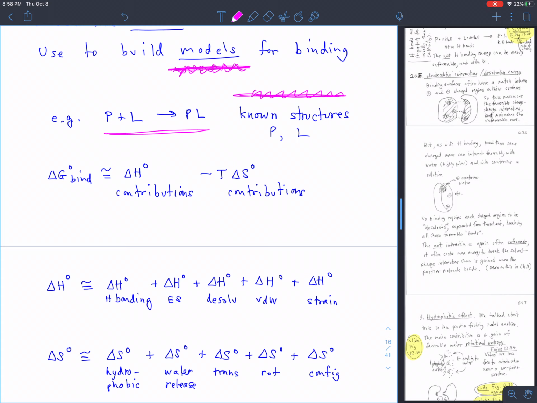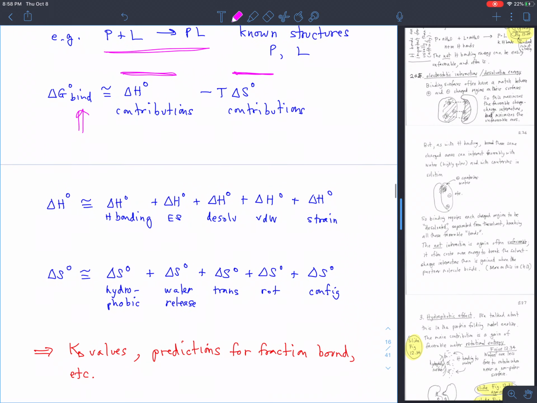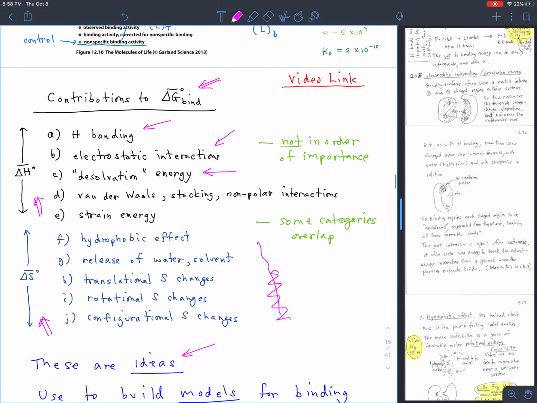And then we're going to talk about the fact that delta G of binding has 2 contributions, an enthalpic contribution and a delta S contribution. And so I can write this overall delta G as a sum of contributions, each of which comes maybe from one of these terms. This is not the only possible way of describing all these interactions.